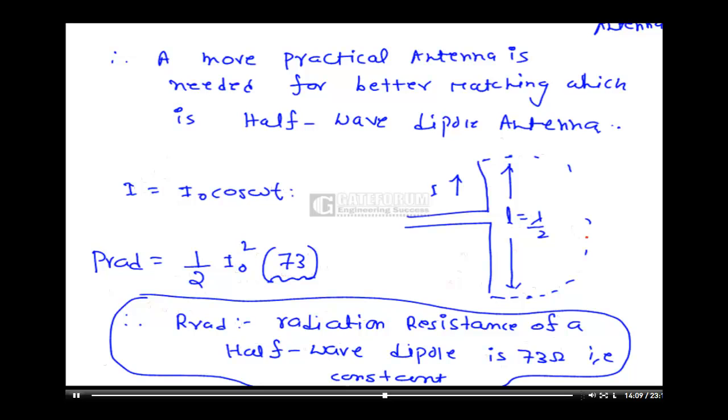So it is not in the range of lambda. Here lambda by 2, 0.5 lambda, is approximately comparable to lambda, so don't use that formula for the half wave dipole antenna. A half wave dipole is a particular type of antenna designed for practical reasons. Therefore radiation resistance is 73 ohm.